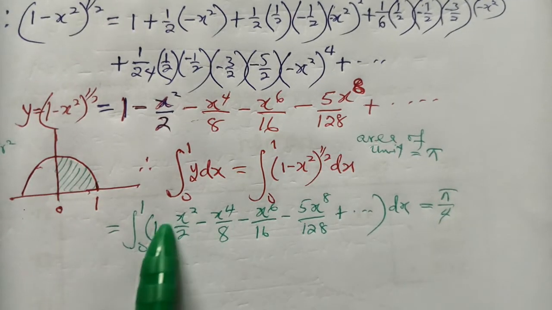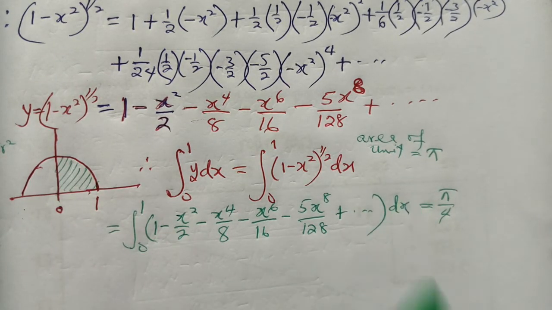So if we're able to get this, we'll cross multiply and get the value of pi which we are looking for.